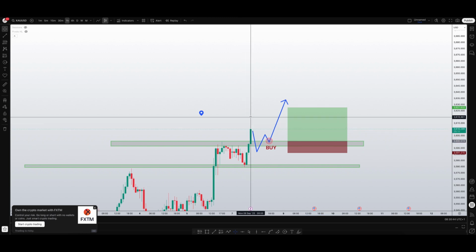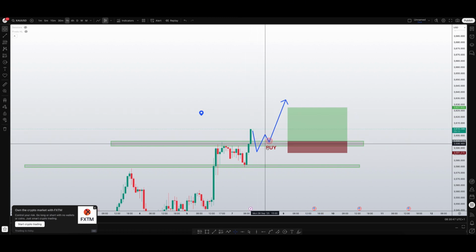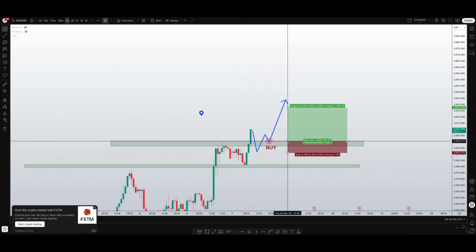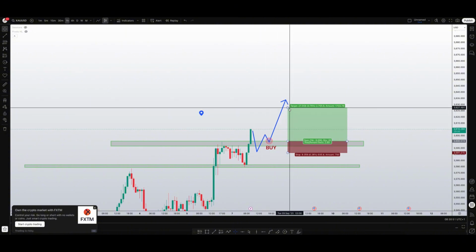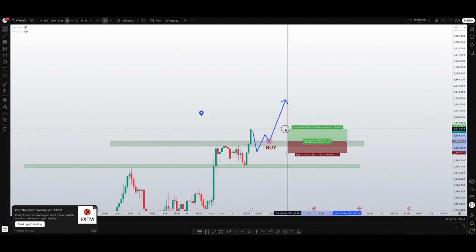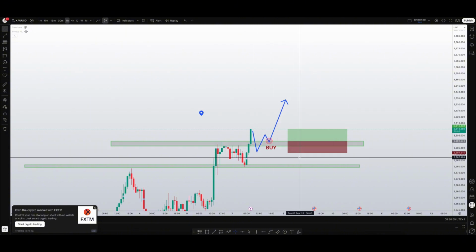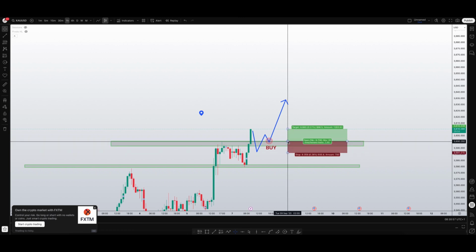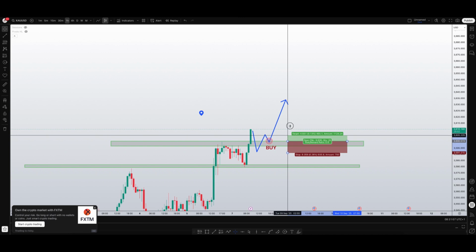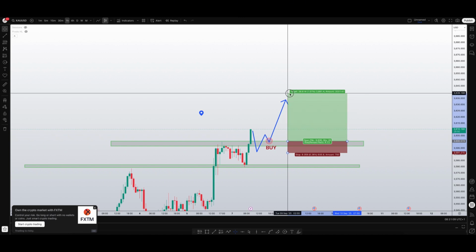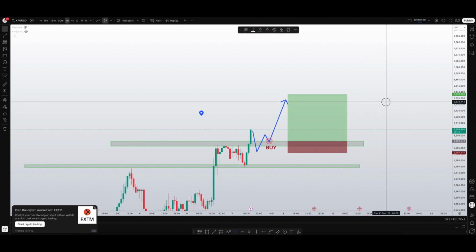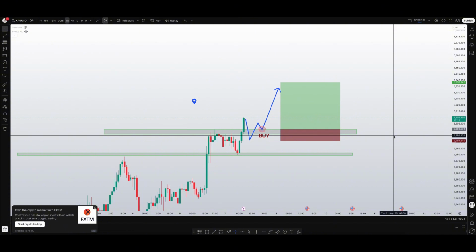I don't know where this might get to before it will start dropping, but if you get this buy confirmation, whenever you get to that swing high that started dropping, make sure you move your stop loss to your entry point, or you book some profit, because that swing high might drop it. So don't just leave it open.